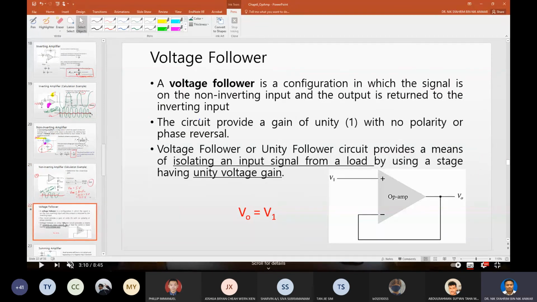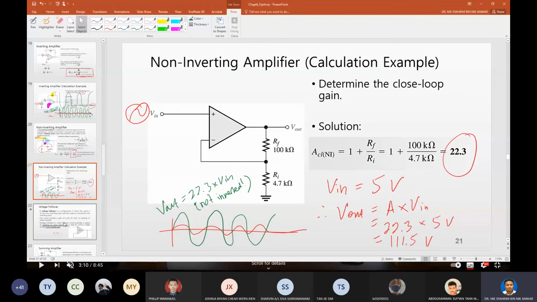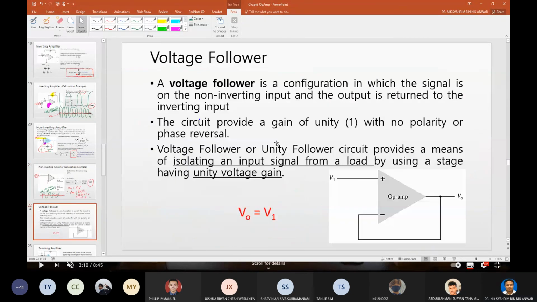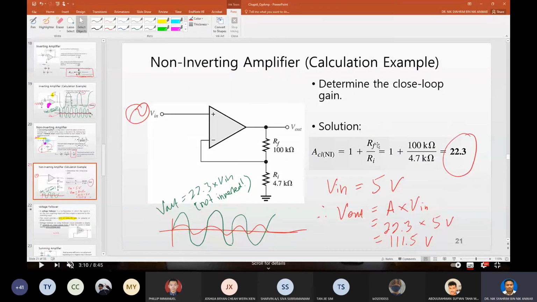Okay, and then another one, if you take a non-inverting amplifier and then you remove the two resistors, you will end up with a voltage follower. So what will happen is that the unity gain is 1. If you can recall, for non-inverting amplifier, the formula for gain is 1 plus RF over RI.